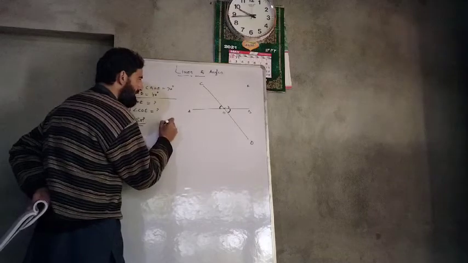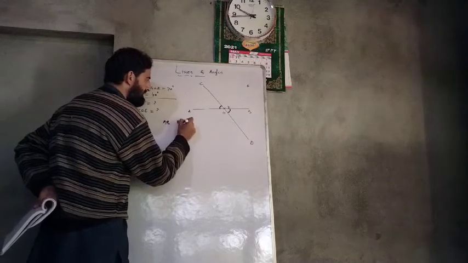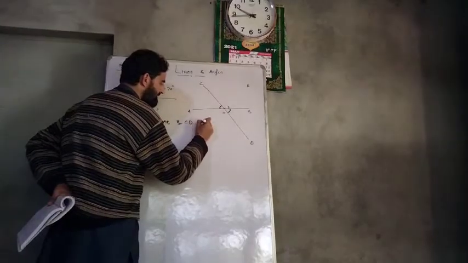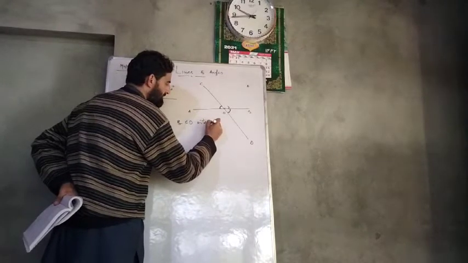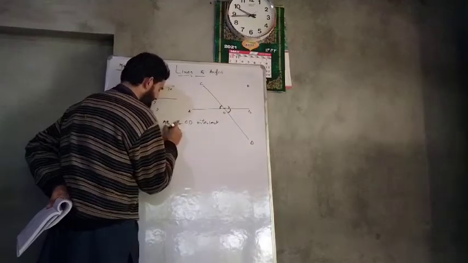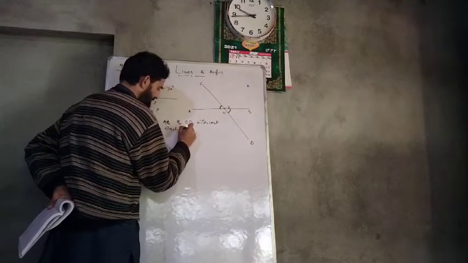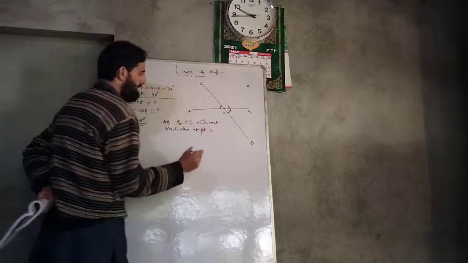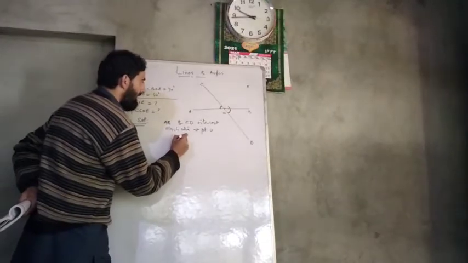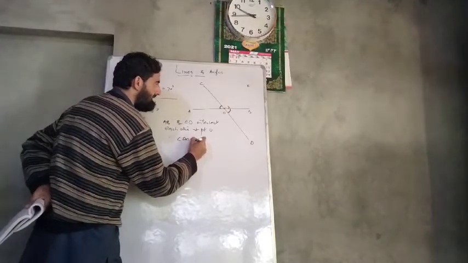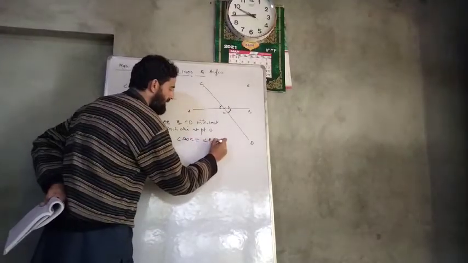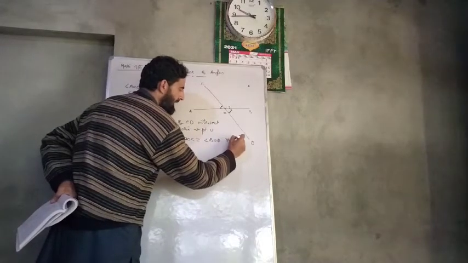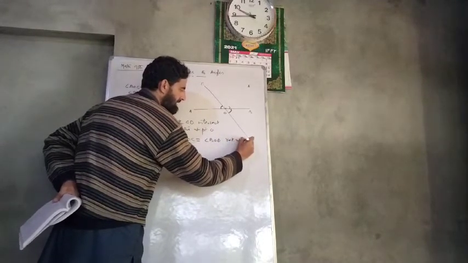Line segment AB and line segment CD intersect each other at point O. Therefore, angle AOC is equivalent to angle BOD, vertically opposite angles.